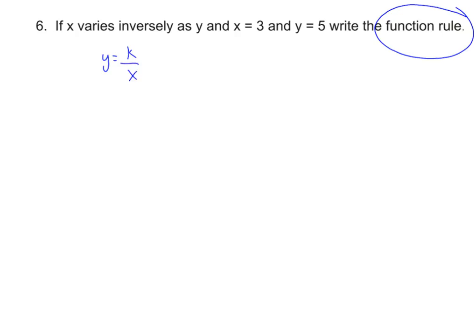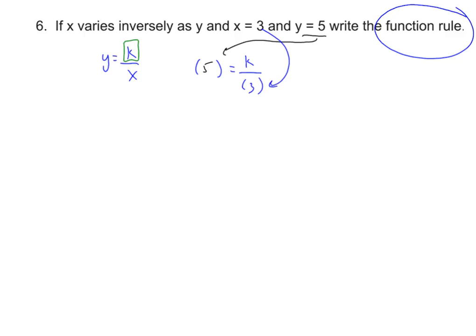And again, all I need to know is the value of k. How can I find it? Again, I can sub in the value of y for where y is and the value of x for where x is. What is y? A 5. What is x? A 3.